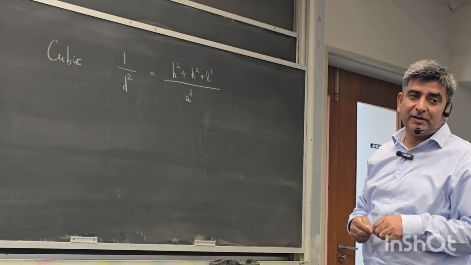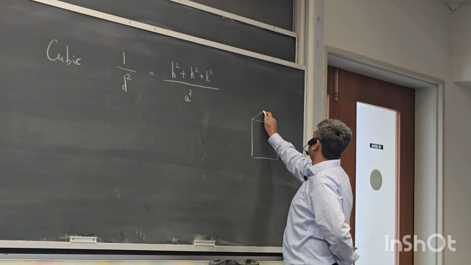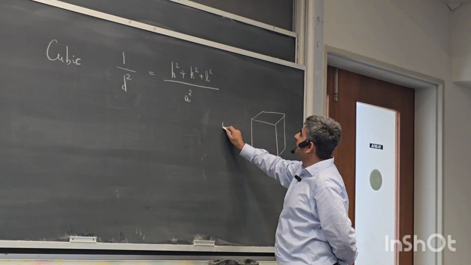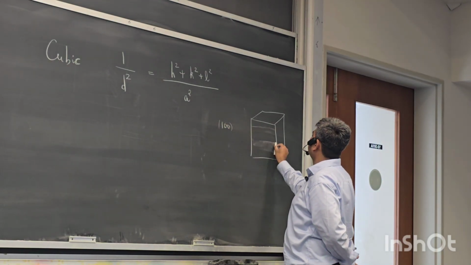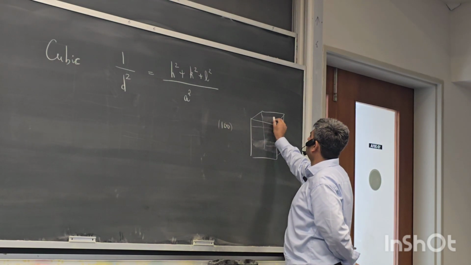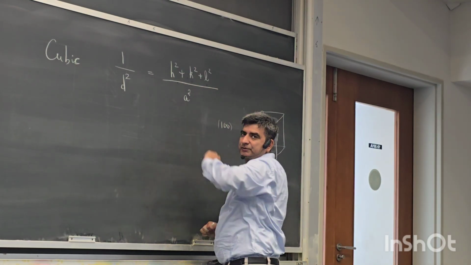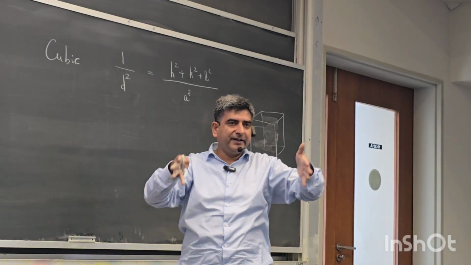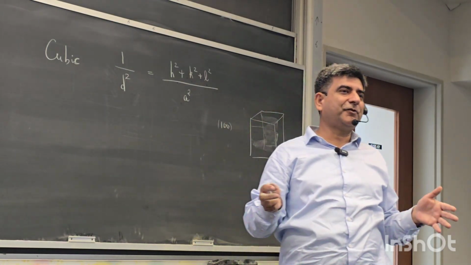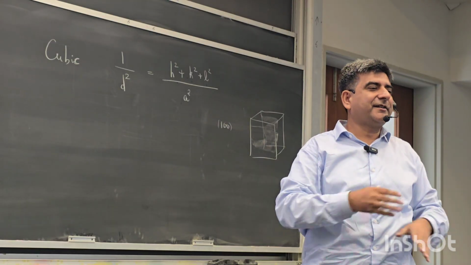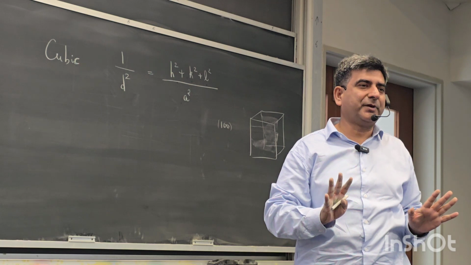For example, the 1, 0, 0 planes, which are the faces, you put H as 1, 0, 0, 1 over d square is 1 over a square, so the spacing d is equal to a. And this applies for body centered, face centered, primitive. This is true for cubic.